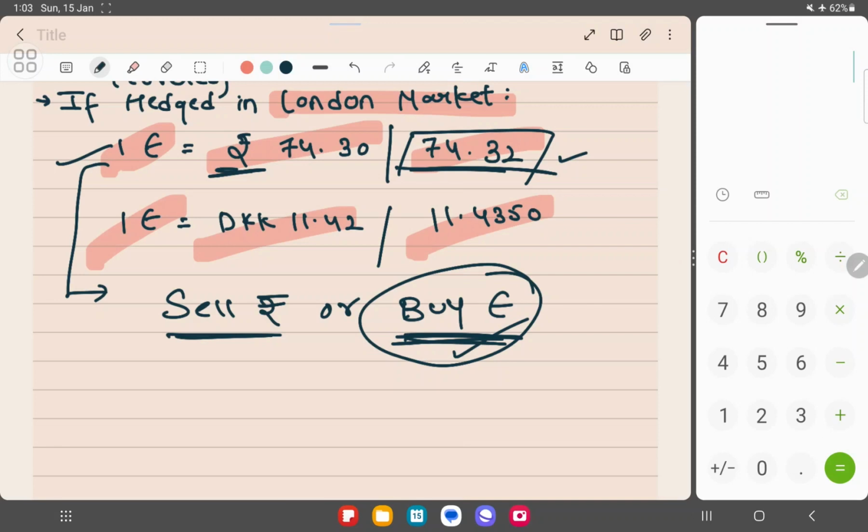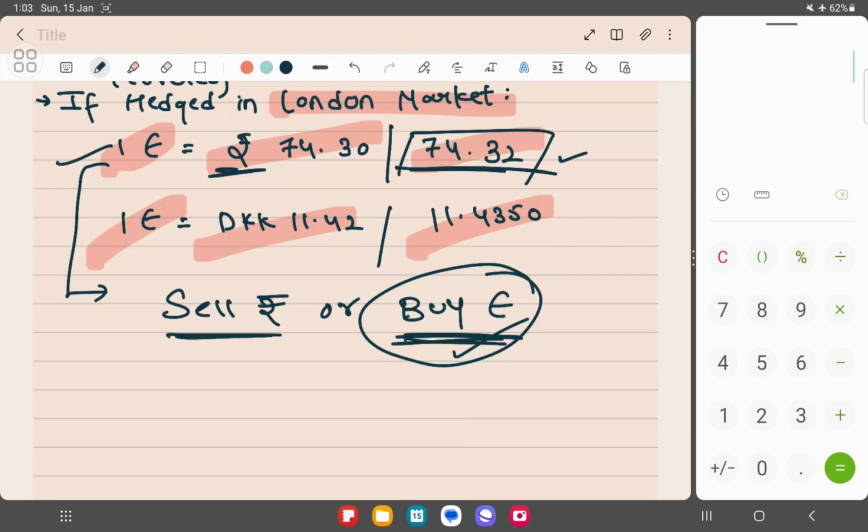So I bought pound, now I have pounds with me. These pounds, now I have to sell because at the end I want DKK. We did not have to go through all this pain of the cross rates if we had initially the DKK and the rupee quote itself. We do not have that, so we start from rupee and we go to DKK.